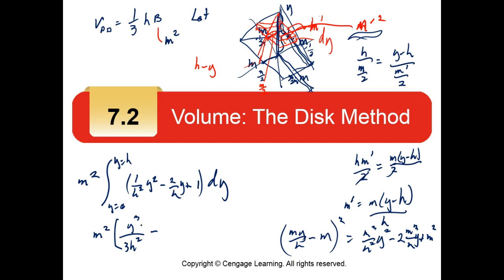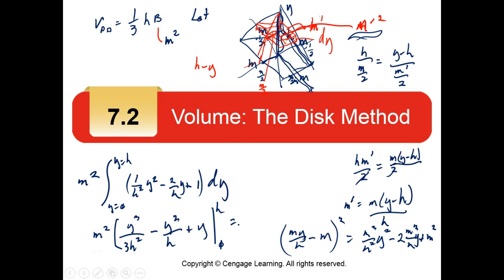Minus y squared over, the 2, I'm going to get rid of that and just leave it y over h. Okay. Plus the hard one. Antiderivative of 1 dy. Why not? Okay. So we'll do this from 0 to h.